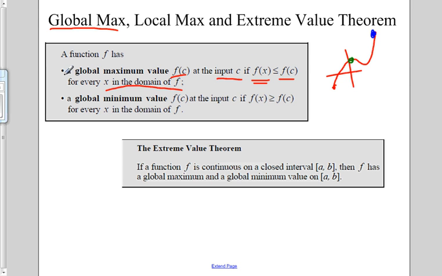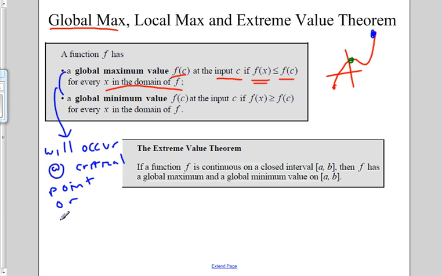The global max and the global min, and we've talked about this before, will either occur at a critical point or at an endpoint.